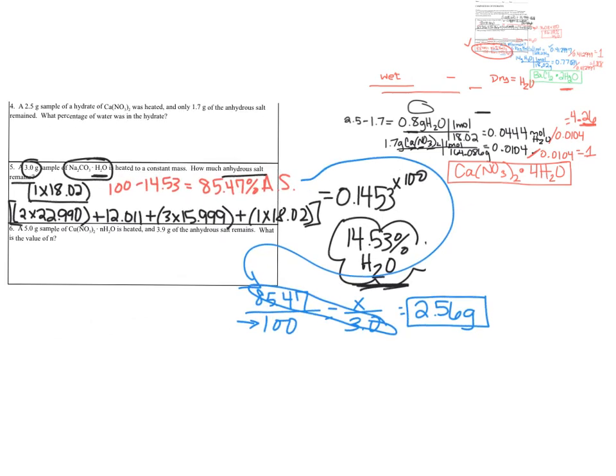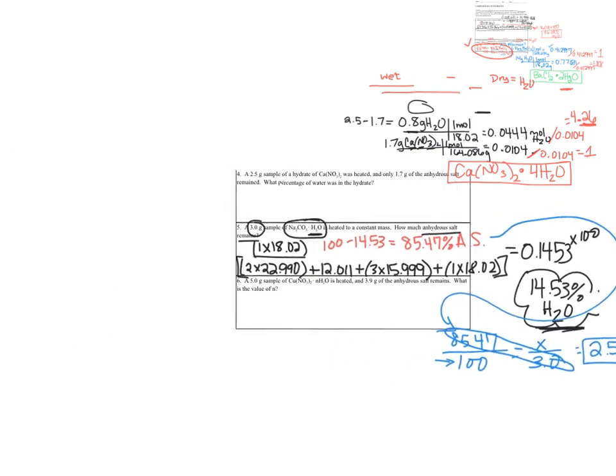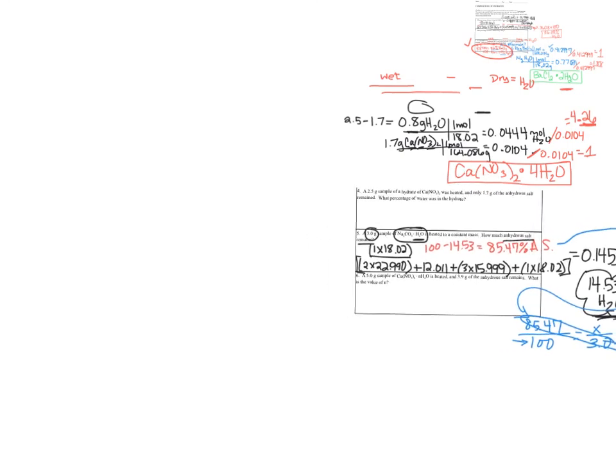Number 5 is kind of different from what we took time to do in class today. Number 6, if you needed to see that one again, I know that we tried doing it in class together, but if you weren't able to get me over to help, please make sure you watch this part. For number 6, we had a 5-gram sample of that copper 2 nitrate and 3.9 grams of the anhydrous salt.